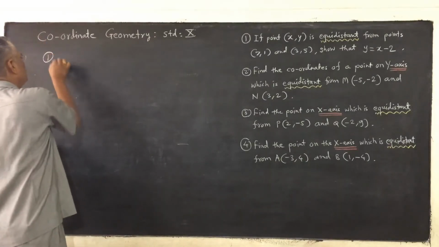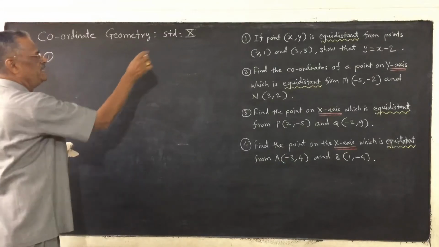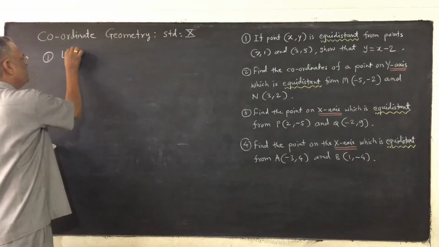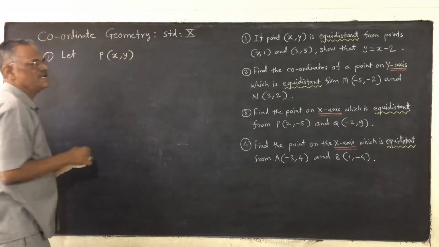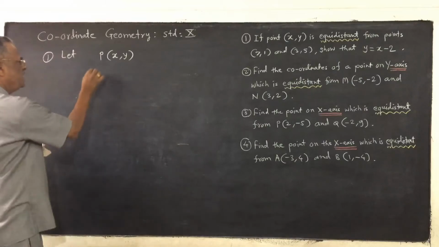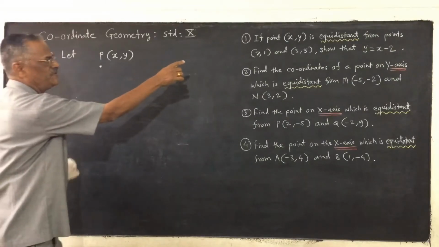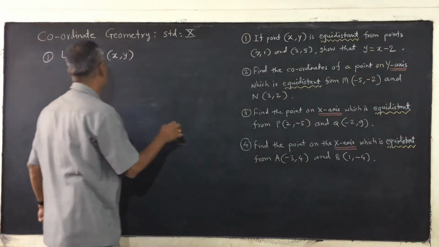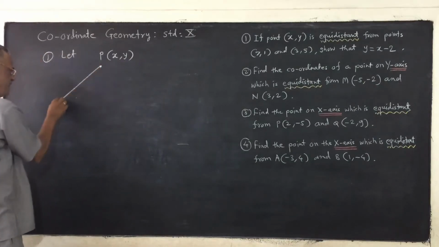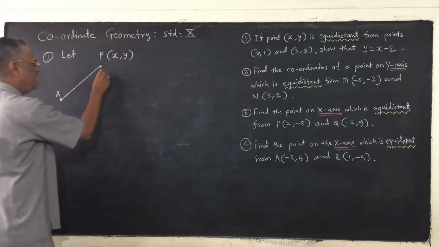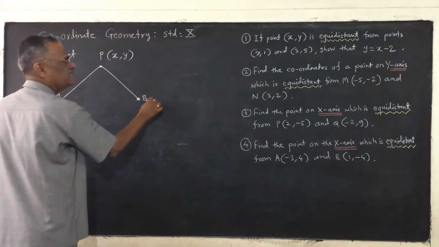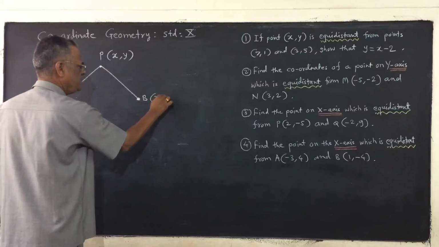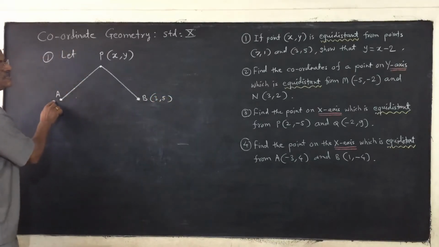So what is the solution? Let P be the point whose coordinates are x and y, and let the first point be A and another point be B. Coordinates of B are (3, 5) and coordinates of A are (7, 1).